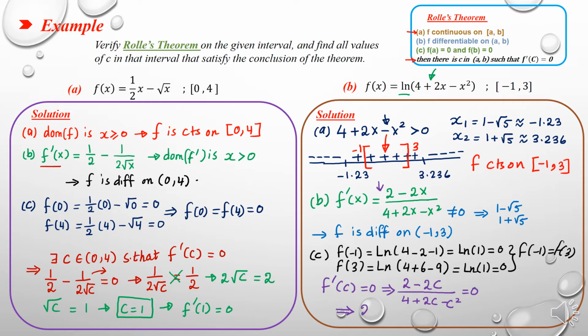So we have 2 minus 2c equals 0. By solving this linear equation, you will get c equals 1. And 1 belongs to the open interval from negative 1 to 3. And that's it. Thank you.